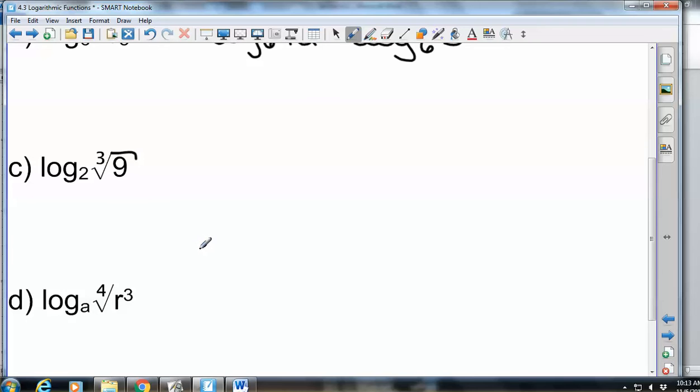C. A cube root is like what kind of power? 1/3. Where do exponents go? So it would be a 1/3 log base 2 of 9.